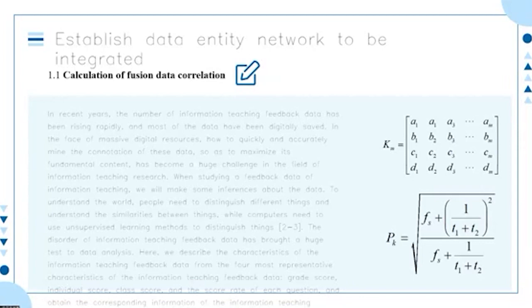The distortion of information teaching feedback data has brought a huge challenge to data analysis. Here, we describe the characteristics of the information teaching feedback data from the 4 most representative characteristics of the information teaching feedback data: grade score, individual score, class score, and the score of each question, and obtain the corresponding information of the information teaching.